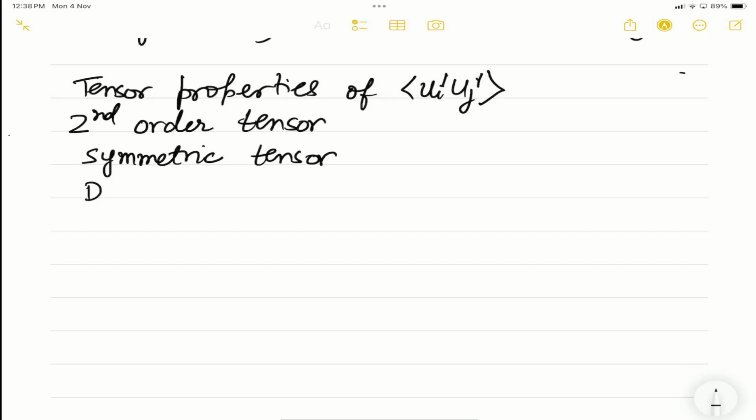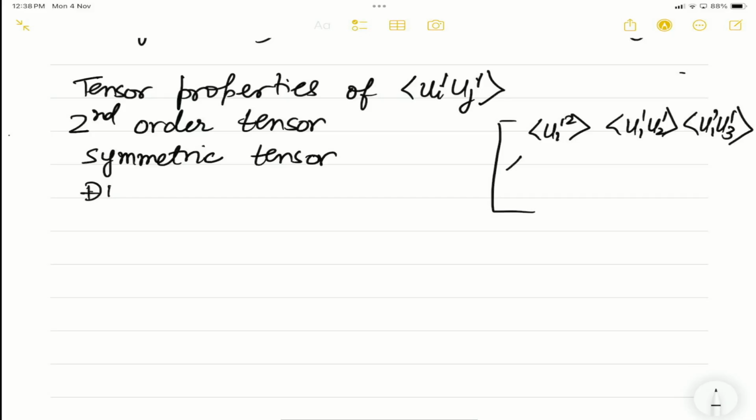Then this tensor looks like u1 prime square, u1 prime u2 prime, u1 prime u3 prime, u1 prime u2 prime, and so on.